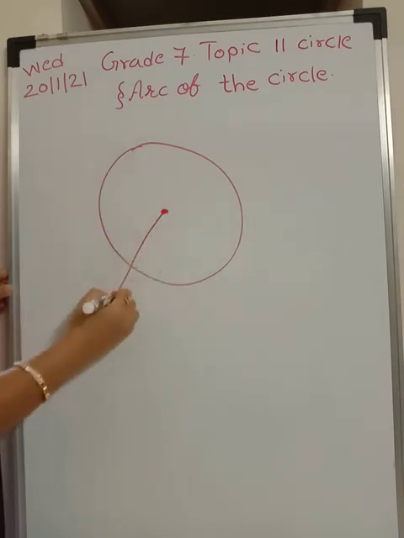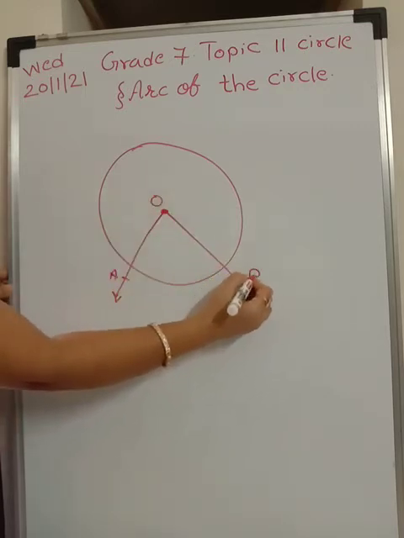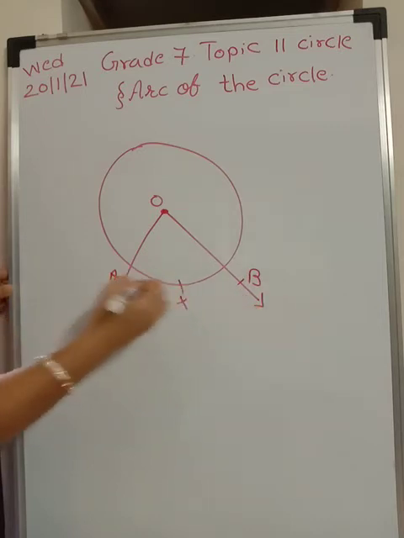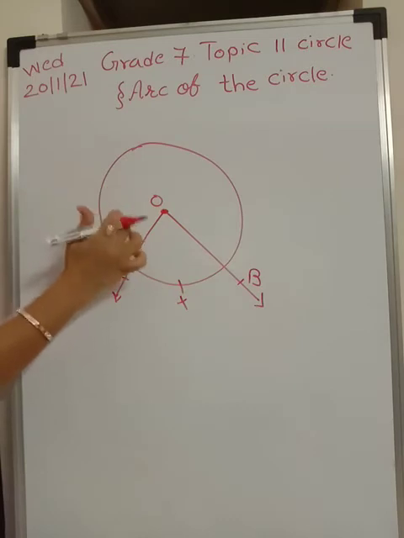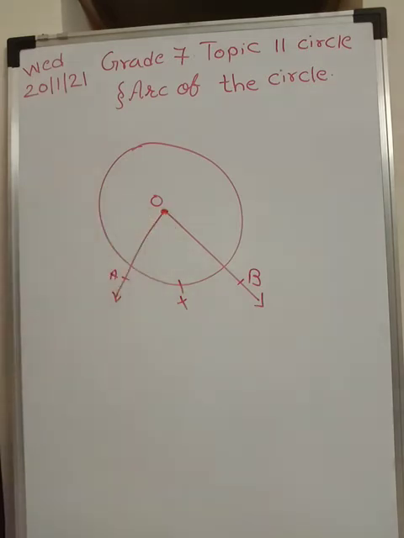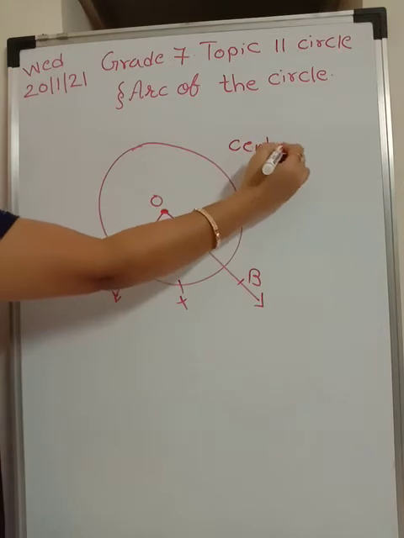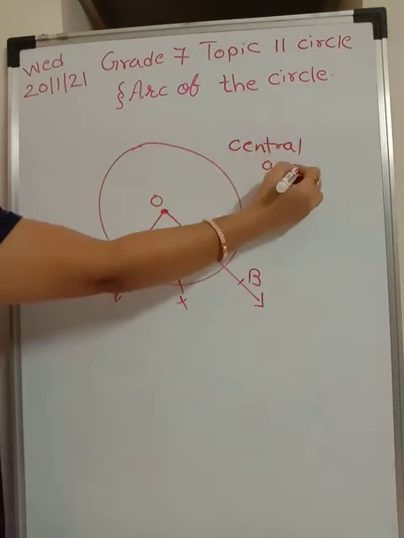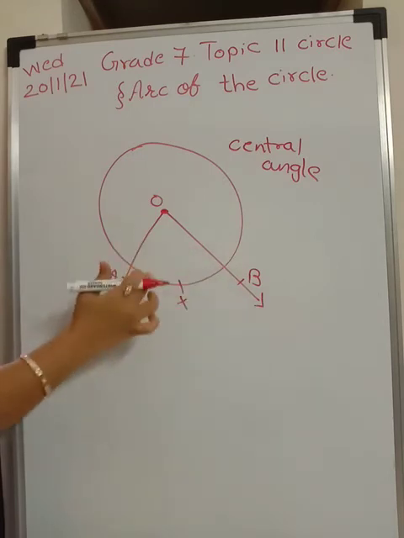If I draw an angle like this, and let me name it A, O and B, and this is X. If I say angle AOB, then the vertex of this angle is the center of the circle itself. Such an angle whose vertex is the center of the circle is called a central angle. So here I may say angle AOB is a central angle.